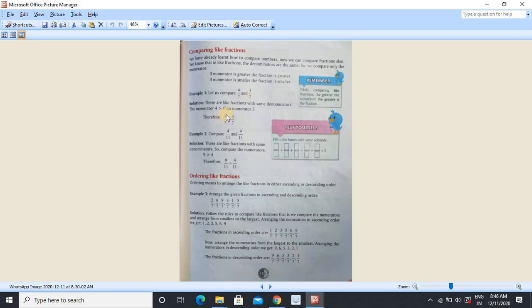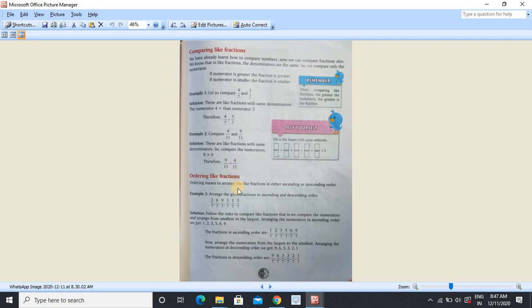So 4 by 7 is greater than 3 by 7. As you can see in example 2 also, compare 4 by 11 and 9 by 11. Denominators are same. So we compare the numerators. Numerator 9 is greater than 4. So we can write 9 by 11 is greater than 4 by 11.